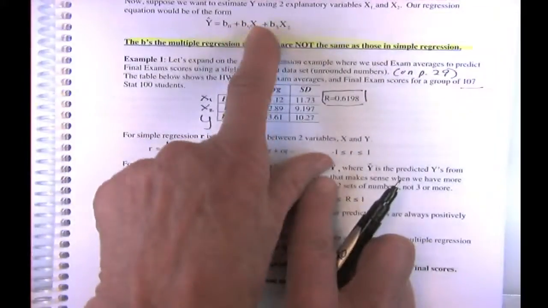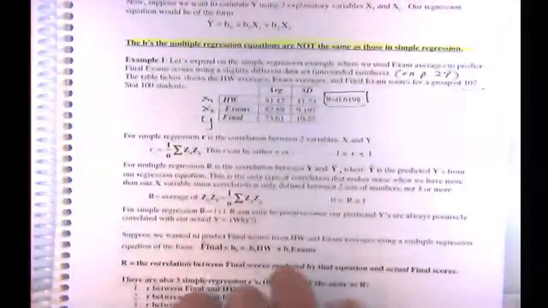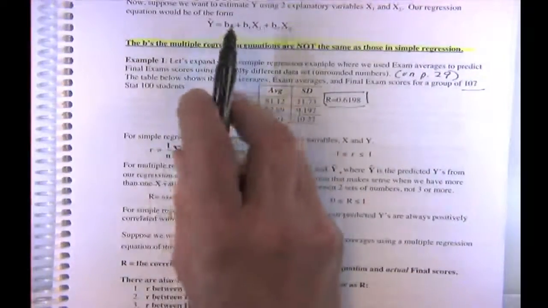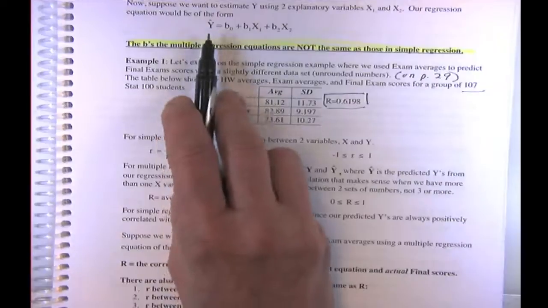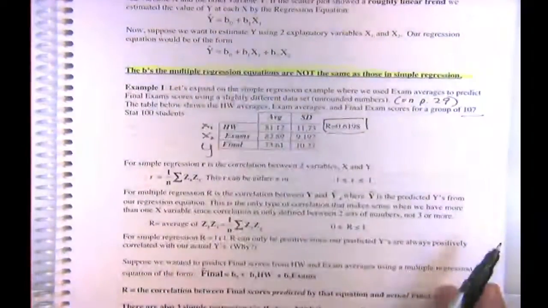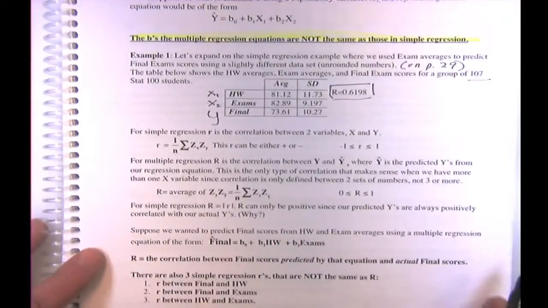Like that would be homework and exams predicting final scores. So the correlation between their predicted y's and their actual y's. All right? That's what it's defined as.